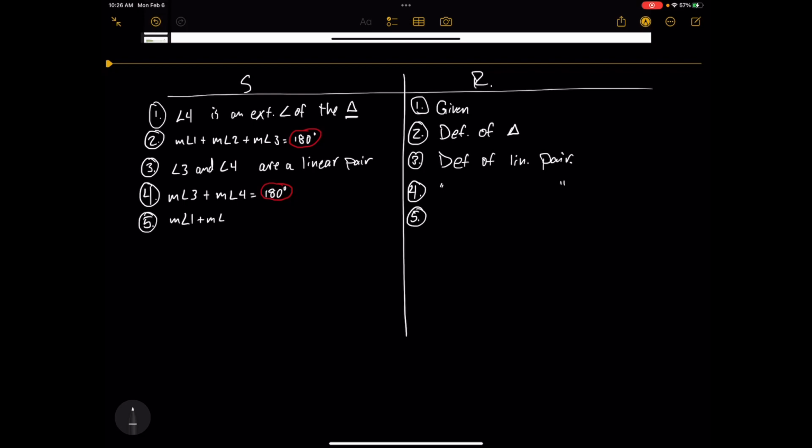So the measure of angle 1 plus the measure of angle 2 plus the measure of angle 3 is equal to the measure of angle 3 plus the measure of angle 4. And that is the transitive property. We're going to write it all out again because you guys couldn't remember it. Transitive property of.